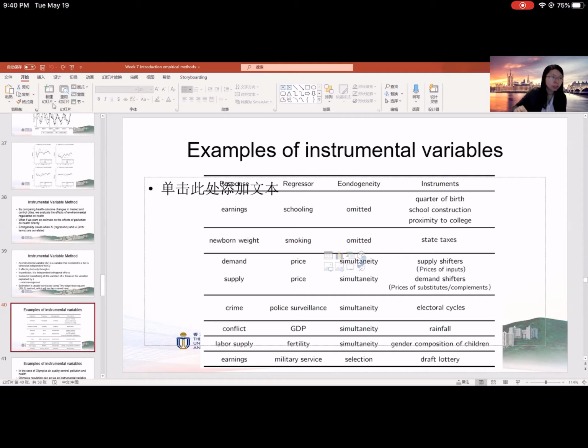So the likelihood of a woman having a third kid somewhat depends on the gender composition of the first 2 kids. So if you want to study the effects of having the third kid on the career choice of women, you're able to use the gender composition of the first 2 kids as an instrumental variable.